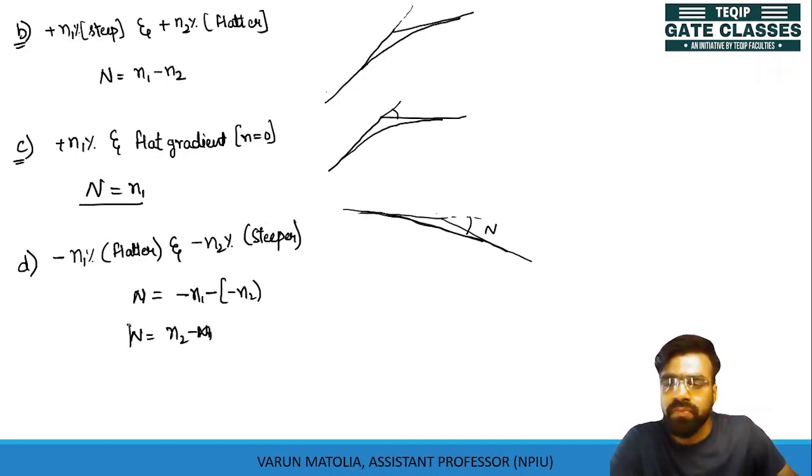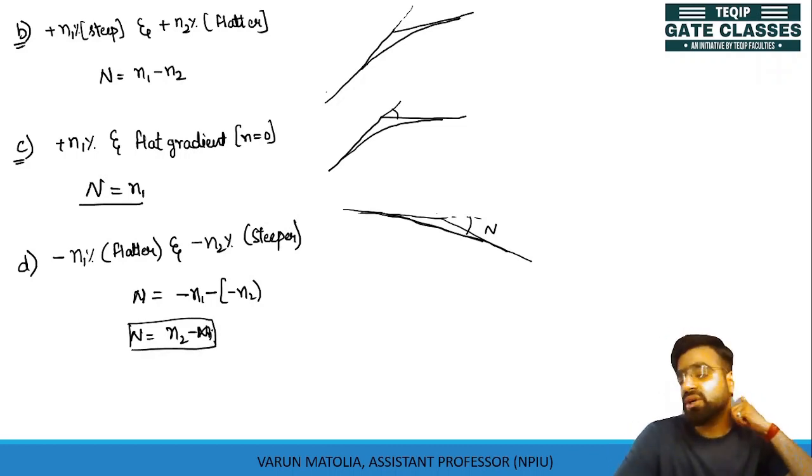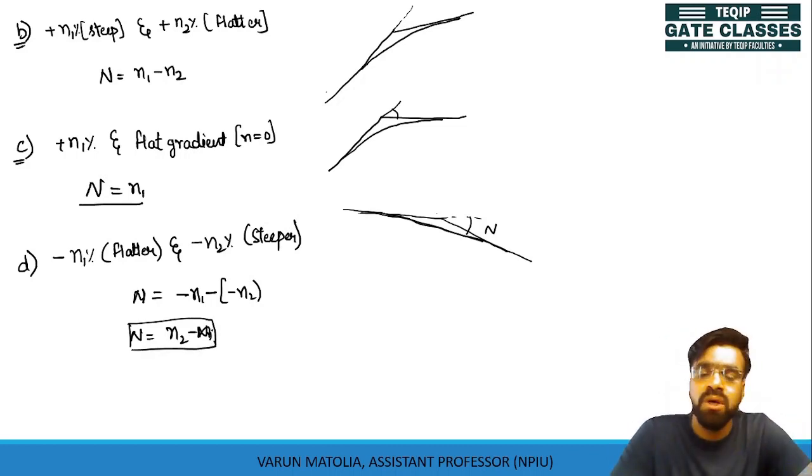So these are the combinations which will give you a summit curve. Whenever you are studying summit curve, you should know about these combinations, because in GATE a 1 mark question can be asked by giving you various scenarios and asking which one will give you a summit curve.